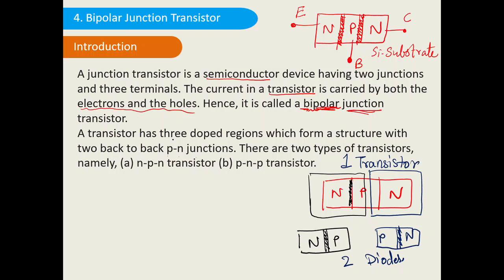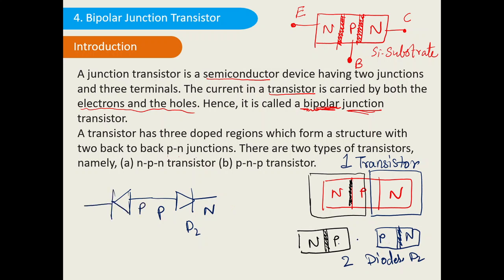So a transistor has three doped regions which form a structure with two back-to-back PN junctions. Two back-to-back PN junctions means this is what a diode looks like. This is P and this is N. This is diode number 2, D2. Diode number 1 is connected like this because this is the P region of the diode.